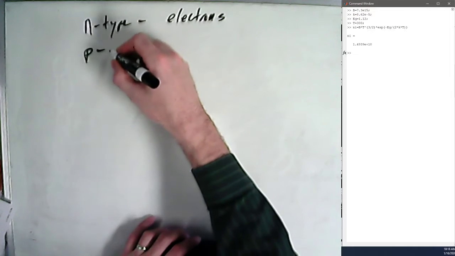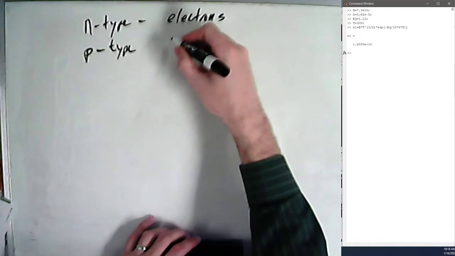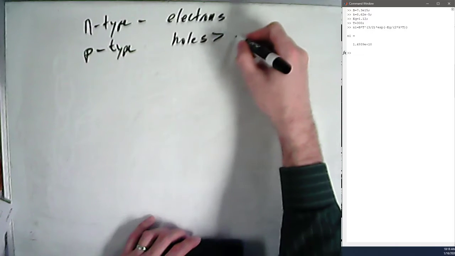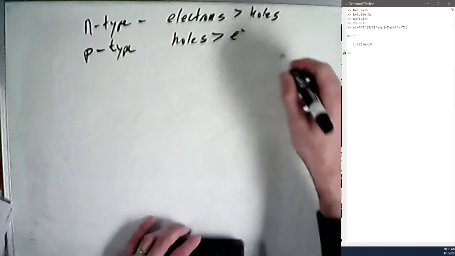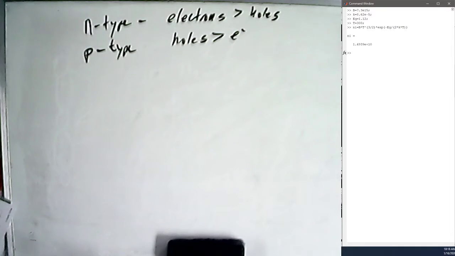Or P-type, positive type, with more holes than electrons. So we can dope it to be P-type or N-type, and we use both of these.